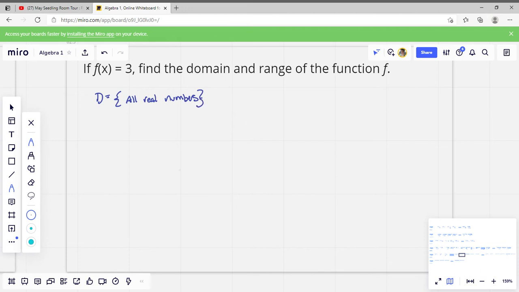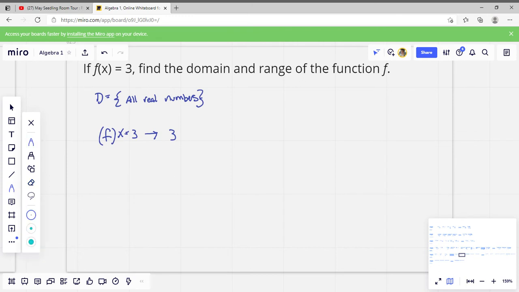Okay. The only value the function f ever attains is 3. So if we say that f of x equals 3, that means no matter what we put into this function, 3 is always going to come out. It's always going to be equal to 3. So if we put 2, we're going to get 3 no matter what, right?